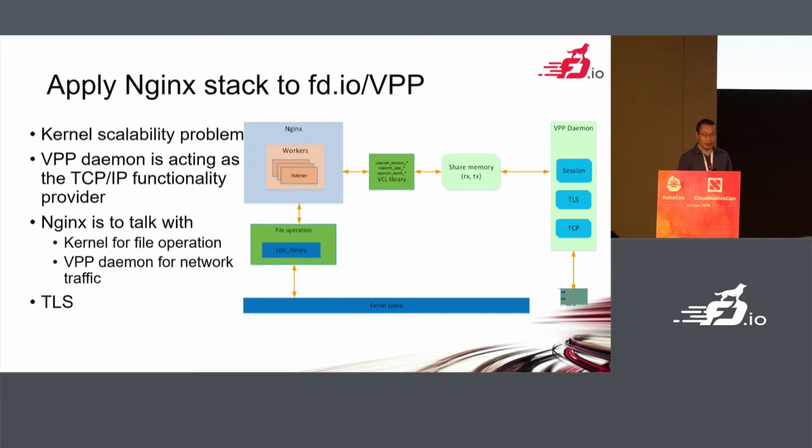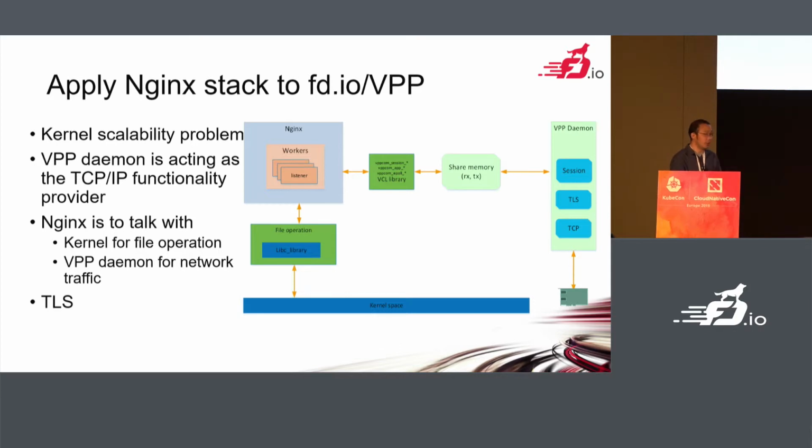And the Nginx will talk with the VCL library, and this library will connect it to the VPP daemon, and it will be provided as a shared memory channel. By this channel, it can talk with the VPP daemon, and then provide the file-descriptor interface to do the read-write transparently.